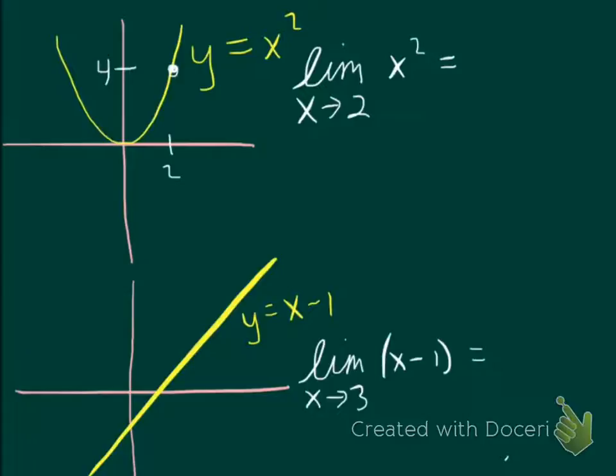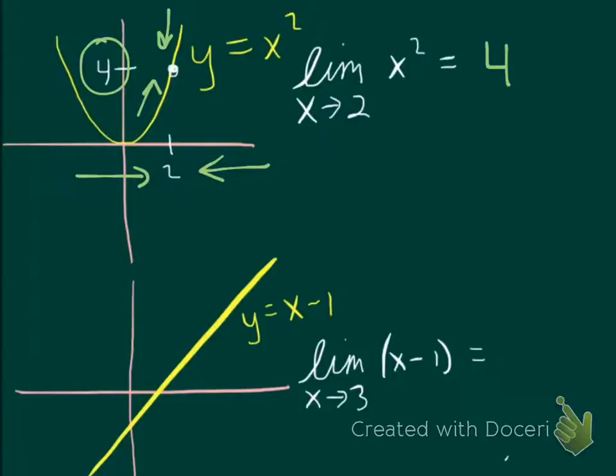We know what the graph of y equals x squared looks like, and if we want to find its limit as x approaches 2, we ask: as the x values get closer and closer to 2, are the corresponding values of x squared getting closer and closer to a number? We can see that the y values, the values of x squared, are getting closer and closer to 4. So the limit is 4.